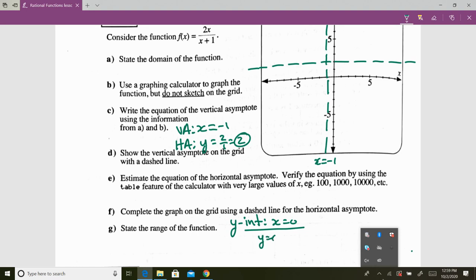So I go 0. So there's our point. Now, we have to go through that point, but we can't touch any of the asymptotes. So how do you draw that part of the graph? Looks like that.